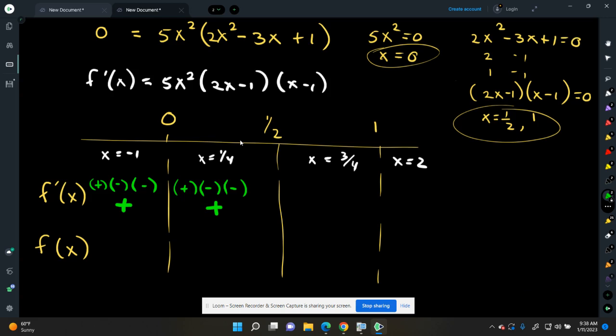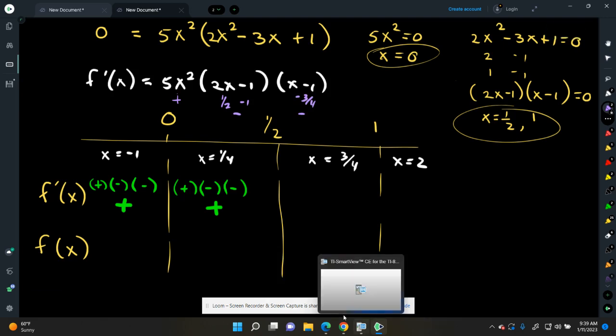So I always go back and mentally check it to make sure I didn't make a mistake. So 1/4 will definitely be positive here. 1/4 is 1/2 minus 1, so that's definitely negative. And then 1/4 minus 1 is -3/4, so that's definitely negative.